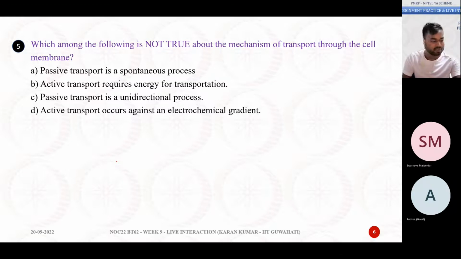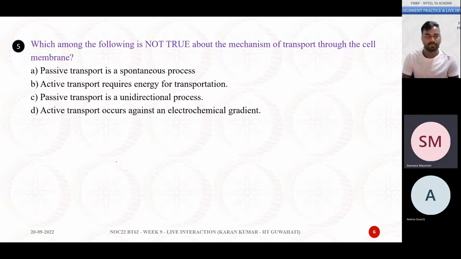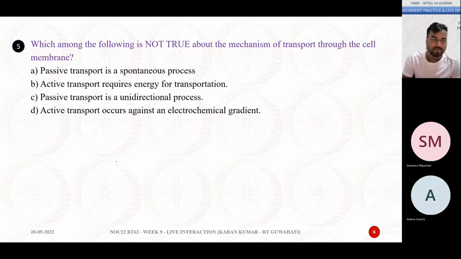Which among the statements is not true? Option C. Why do you think so? Because passive transport is based on movement according to the concentration gradient, from higher to lower. So if the direction changes, the transport will also change.